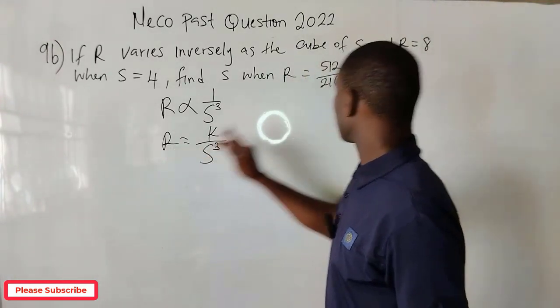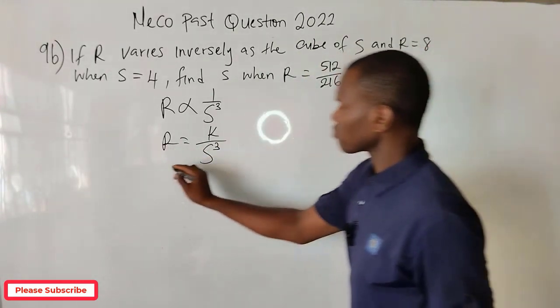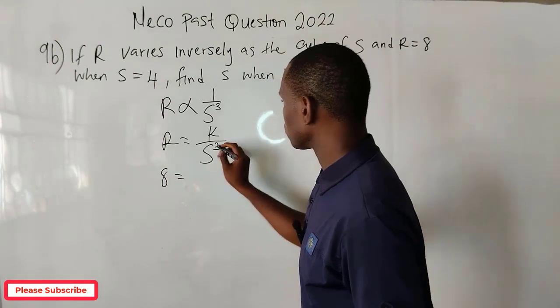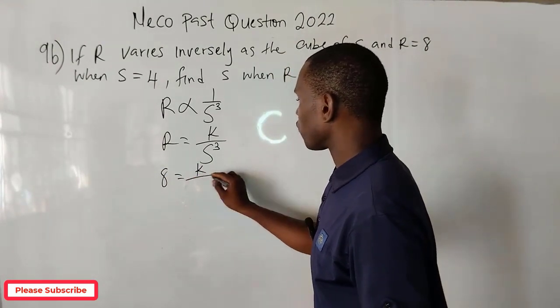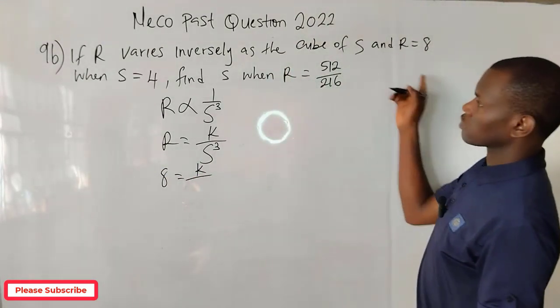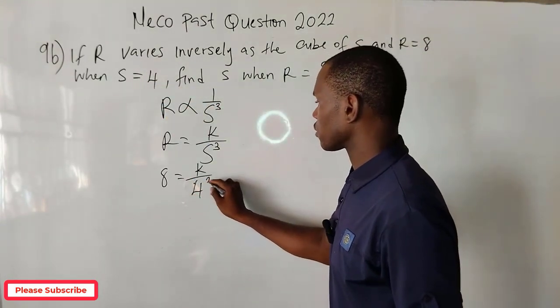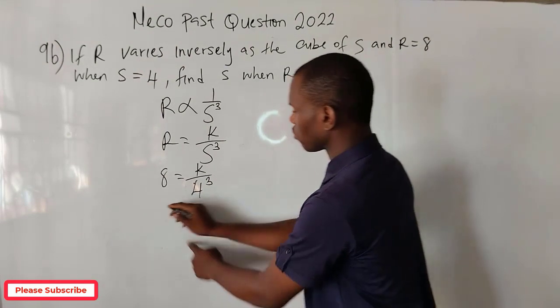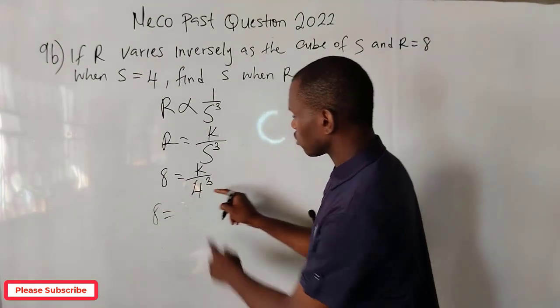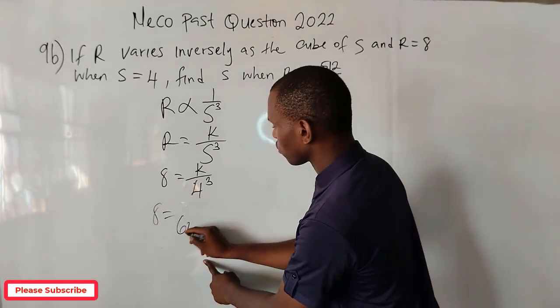So to do that, remember that R is 8. So I'll have 8 equal to K over, my S is 4, 4 raised to power 3. All right, so we'll have 8 equal to K over 4 raised to power 3, which gives me 64.